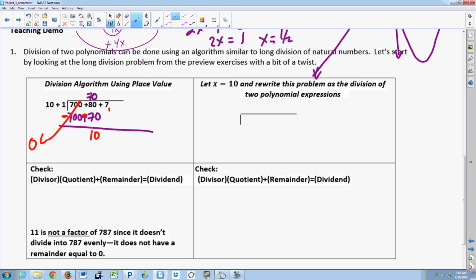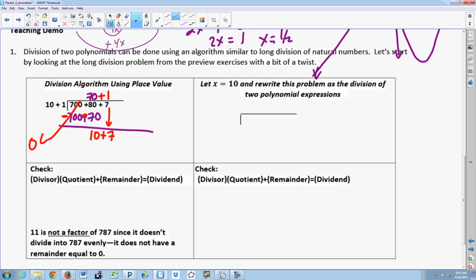So I bring down my next term, my plus 7. And again, I only focus on the largest place value in my divisor and the largest place value in my dividend. How many times does 10 go into 10? Once. Notice where I place that plus 1, right above the ones place in my divisor. I always line up my like place values.